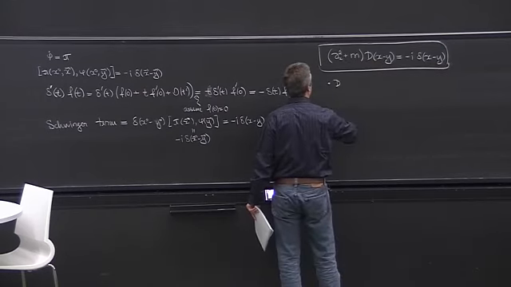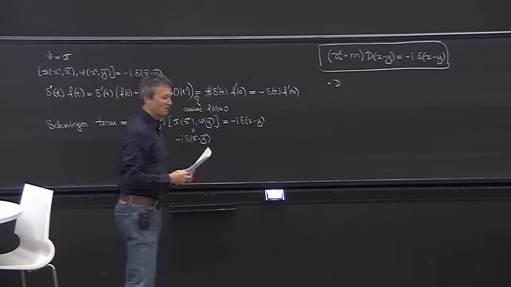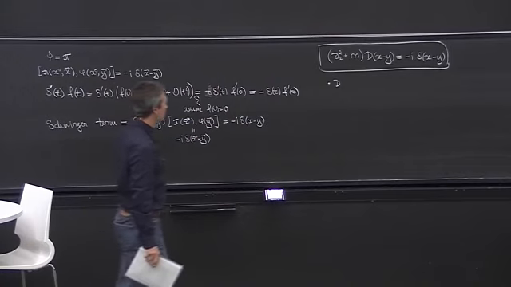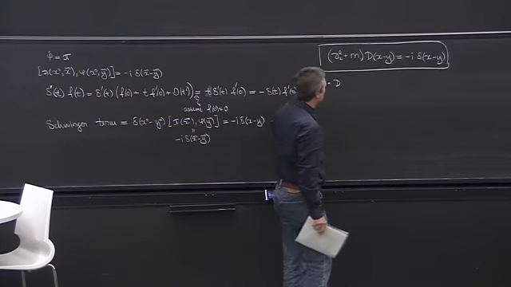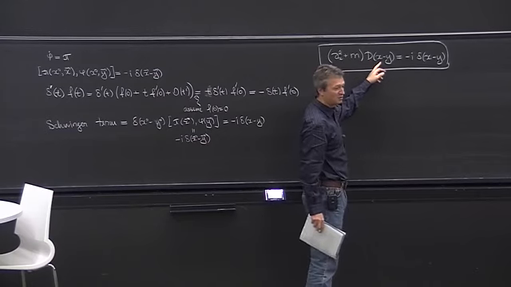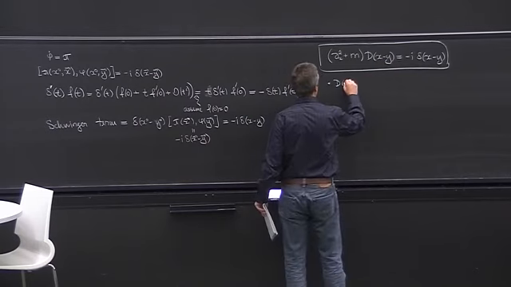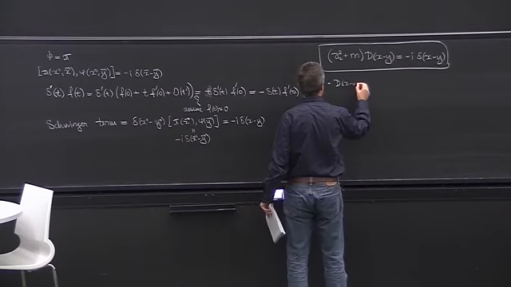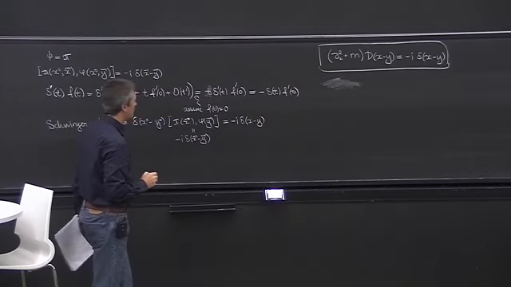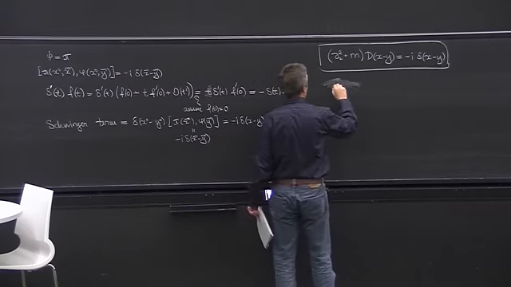So D. So far, if we were not making any assumptions, we could have thought that D is a function of x and y separately. So from this equation, we immediately see that it's a function of the difference. Then we need to solve this equation, and this can be done by Fourier transform.